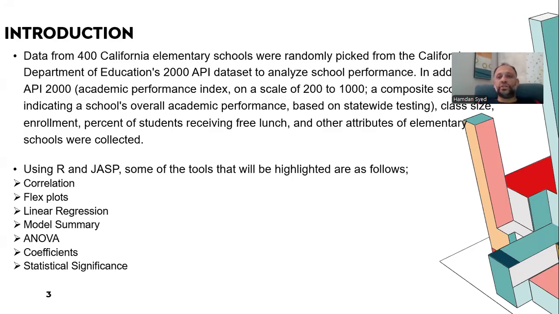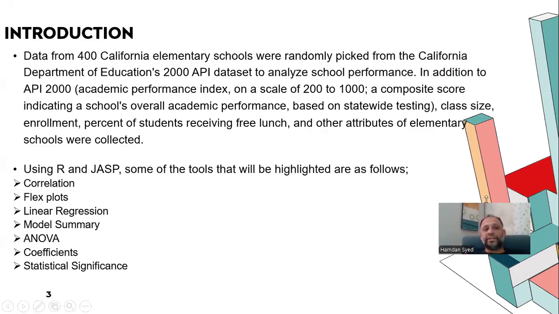Next slide. Introduction. So I'm using the assignment 12 data of 400 Californian elementary schools on their API index for 2000 data set, on a scale of 200 to 1000, a composite score including overall academic performance, which interacts with some attributes like class size, year round, and parents with some level of education or highest level of education.